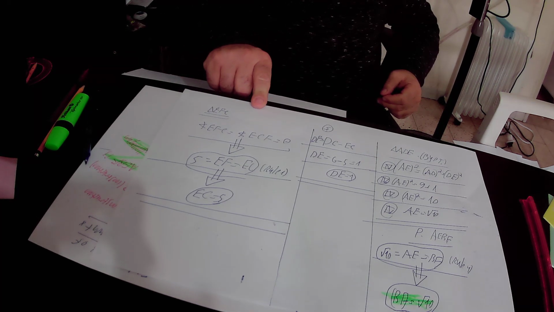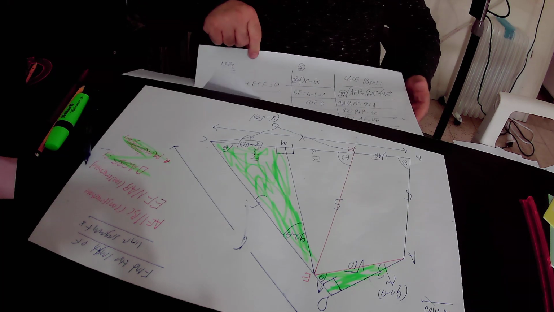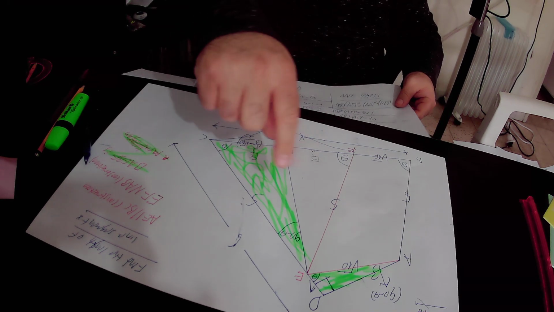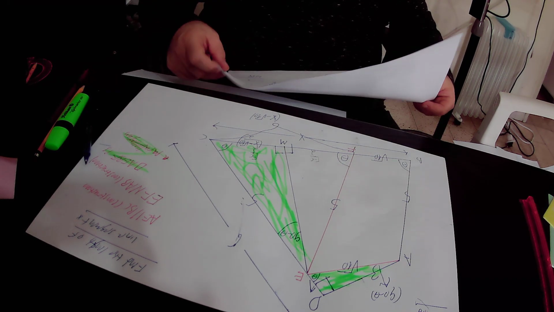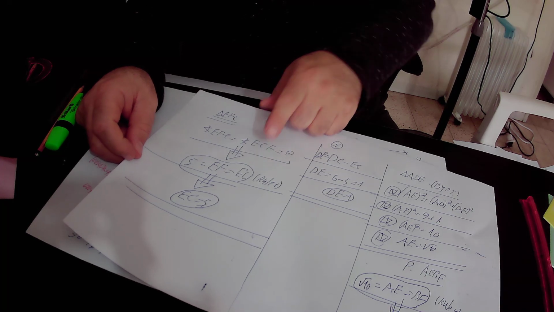And we have rule number 1, that in front of equal angles in a triangle there are equal sides. So because those two angles are equal to each other, according to rule number 1, EF must be equal to EC.